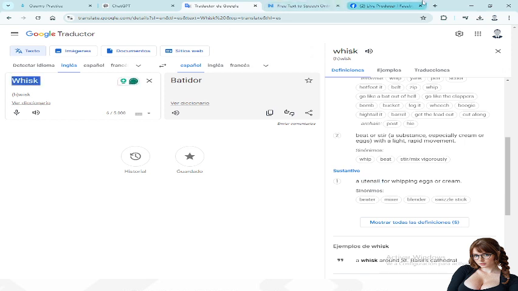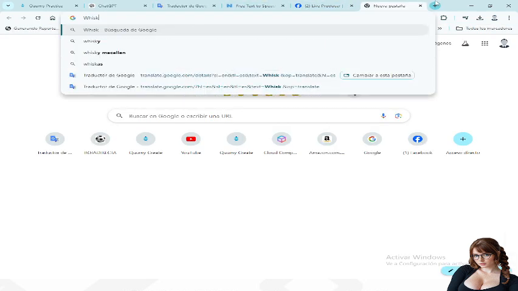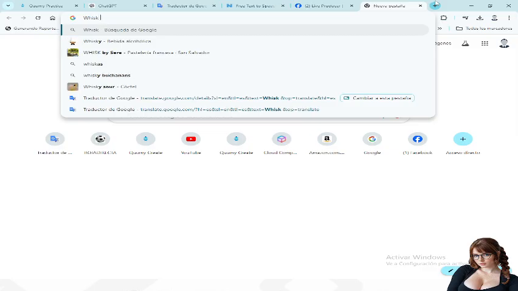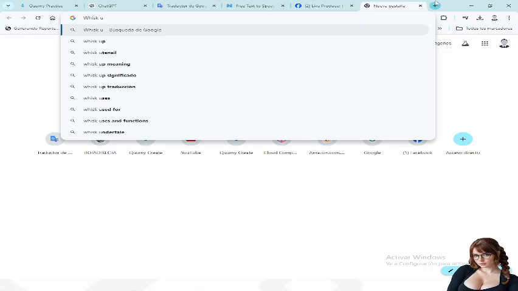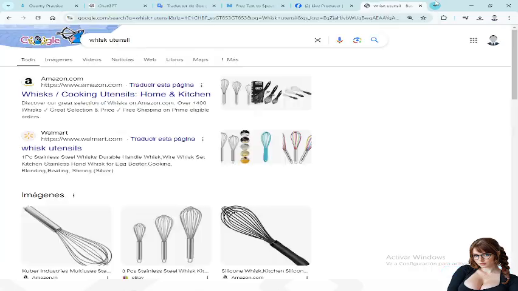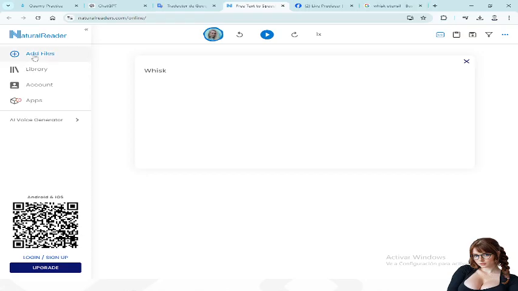We will search for whisk, like a utensil, and we have here the utensil. If we want to know the correct pronunciation of whisk utensil, we can ask.